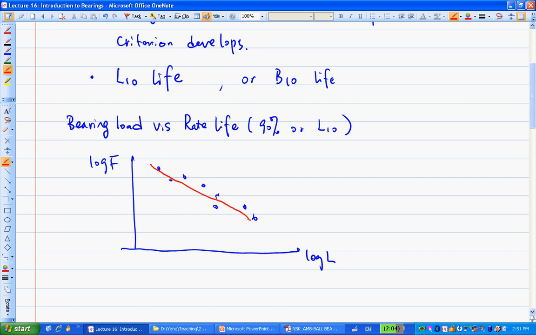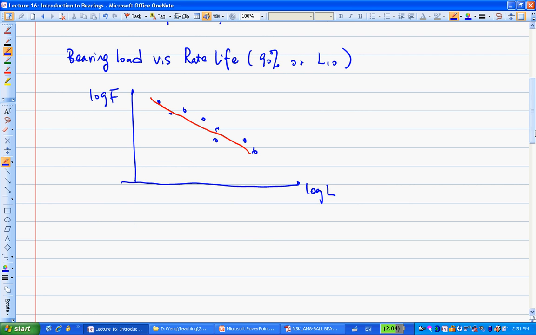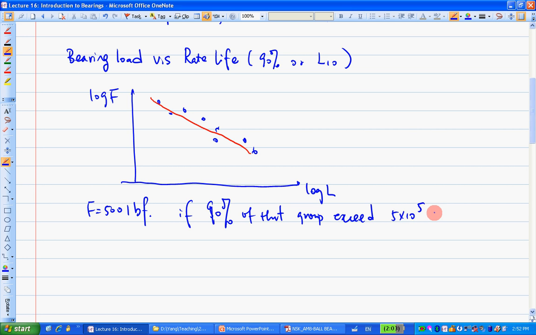For example, if F equals 500 pound force, and it turned out that 90% of that group exceeds 5 times 10 to the power of 5 cycles, then under this load your L10 will be this, because that's what it means here.